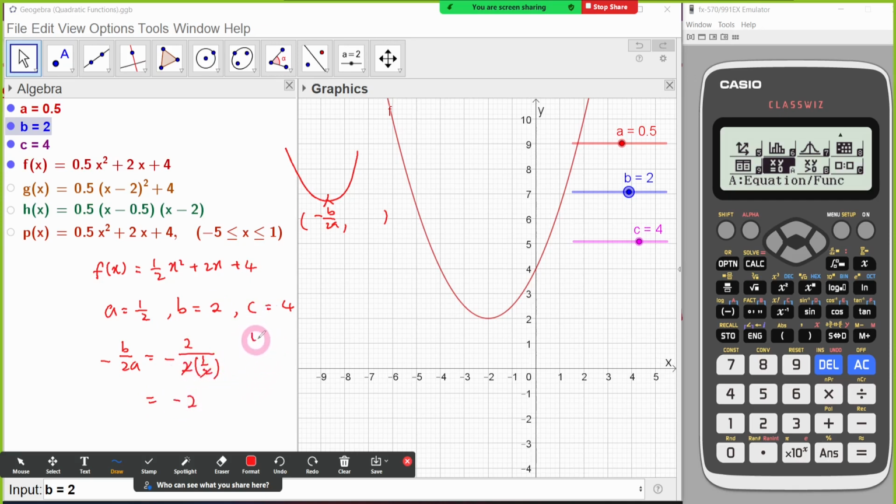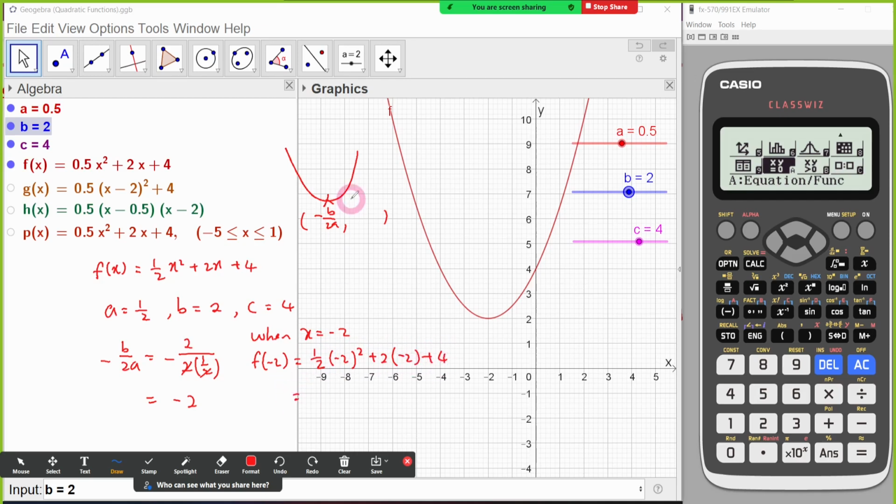So when x is equal to negative 2, I'm going to bring the negative 2 in here to help me get the value of y, f(x). f(-2) is equal to 1/2 times (-2)² plus 2 times (-2) plus 4.